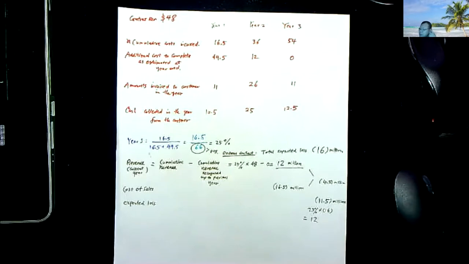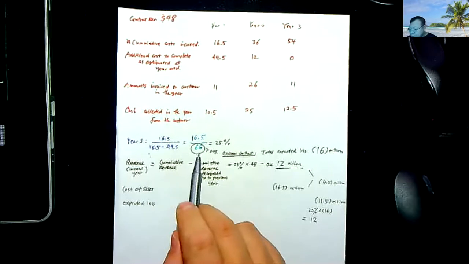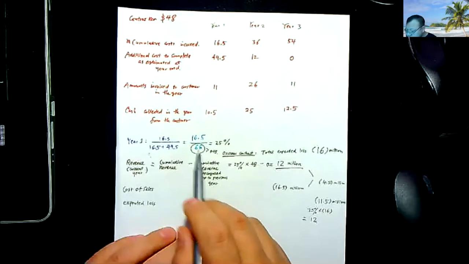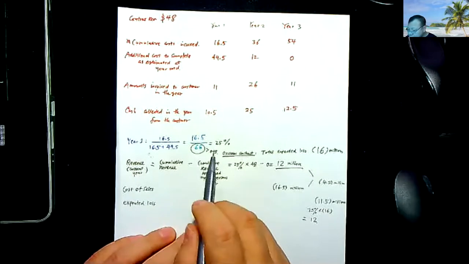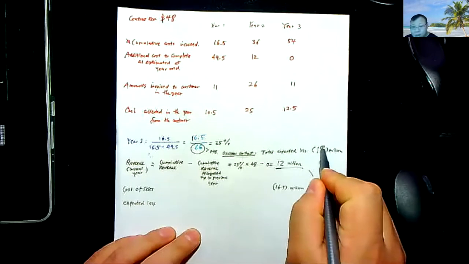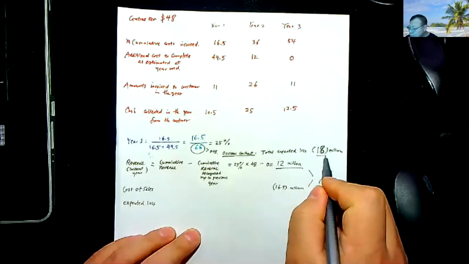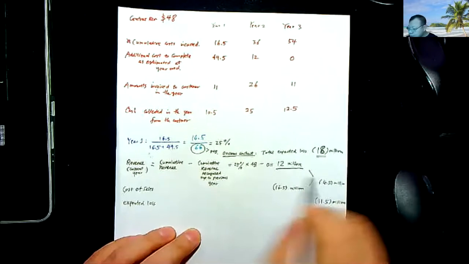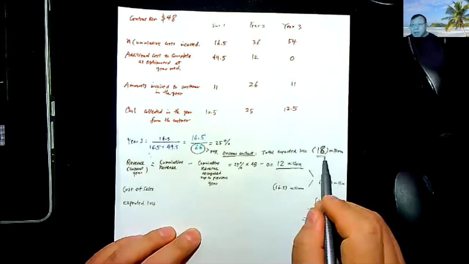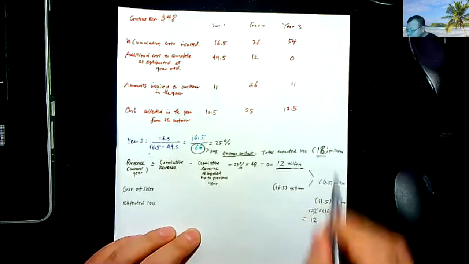How come it's 12? So 66 minus 48. I think I'm wrong here. That should be 18 million. Sorry, that's a typo. So it's 66 minus 48, which should be an expected 18 million loss.